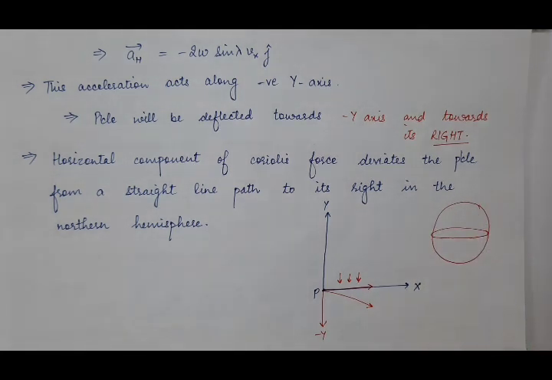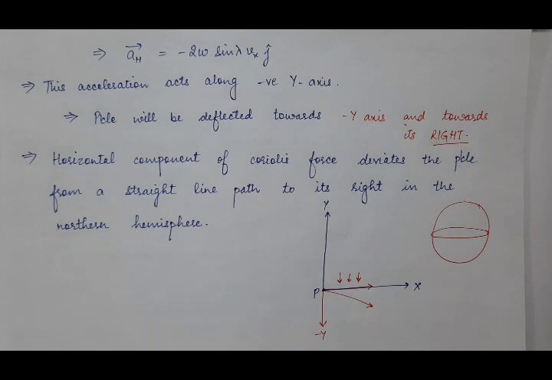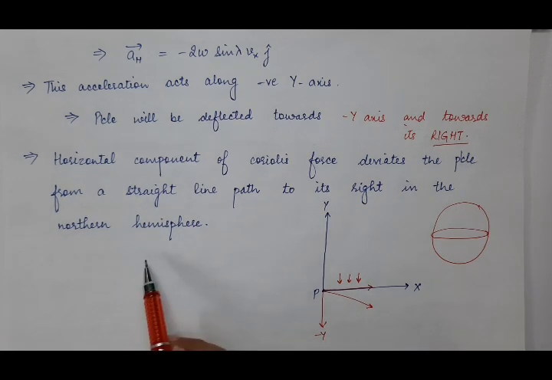Any particle moving on the surface of the Earth in the northern hemisphere will experience the horizontal component of Coriolis force towards the right of its path. That is why in the northern hemisphere every particle in straight-line motion will be deflected from its path towards its right.